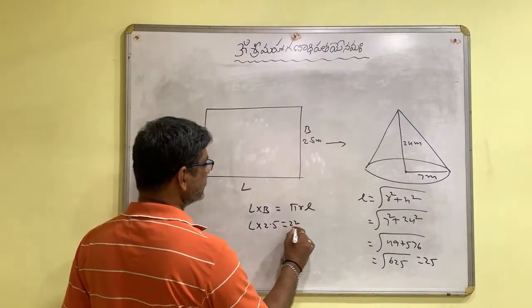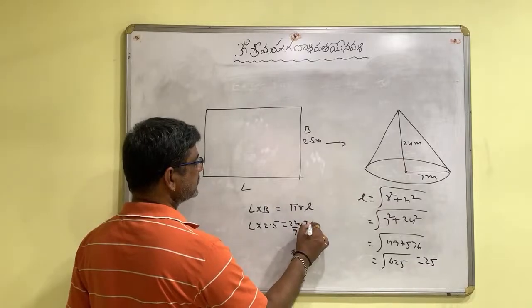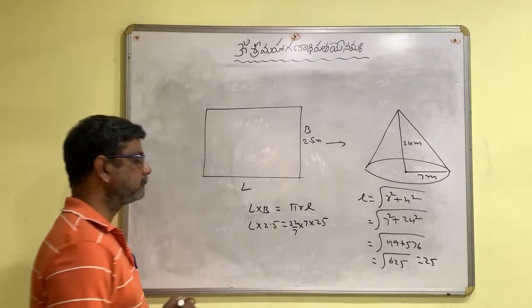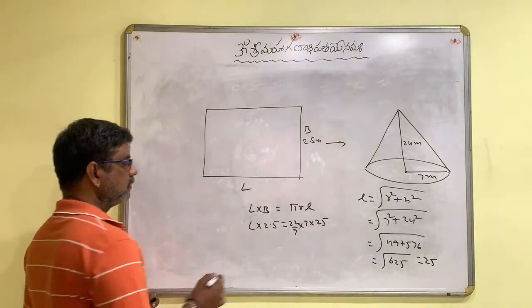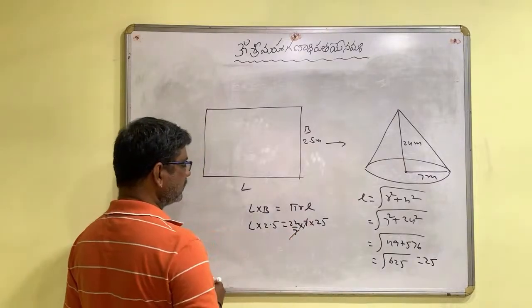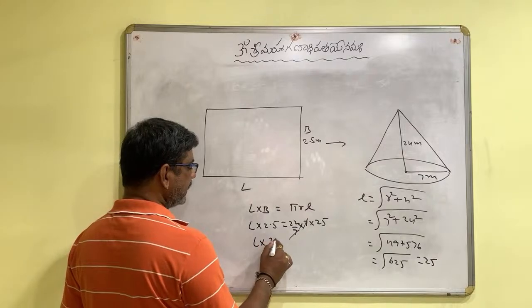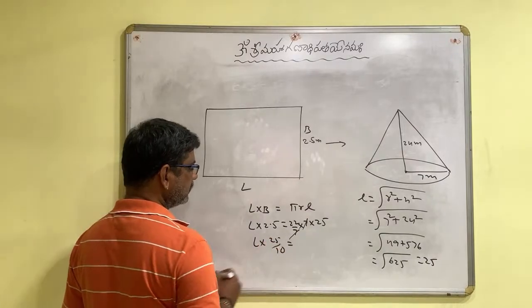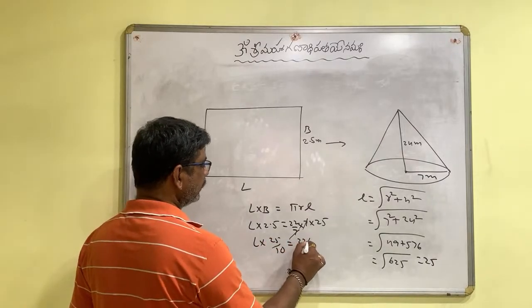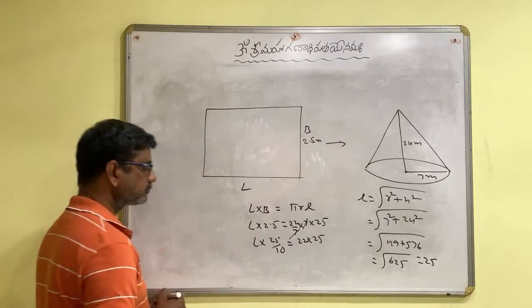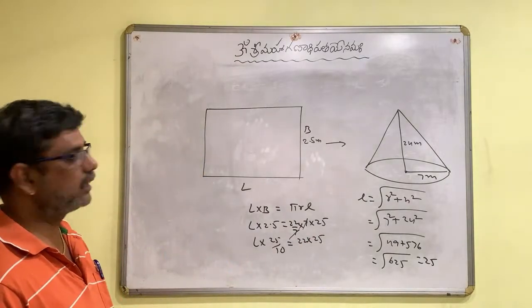So pi r l: 22 by 7 into radius 7 into slant height 25. So 7 gets cancelled. L into 2.5, writing it as 25 by 10, is equal to 22 into 25.